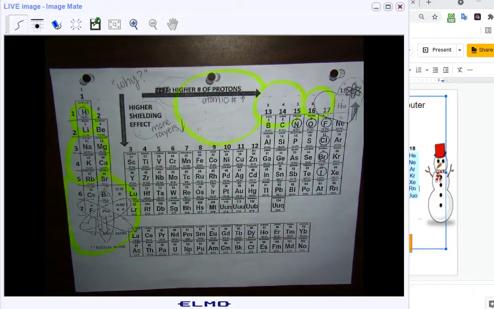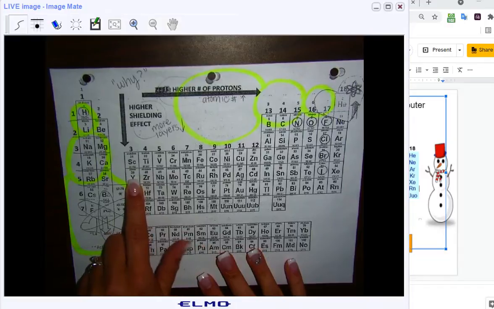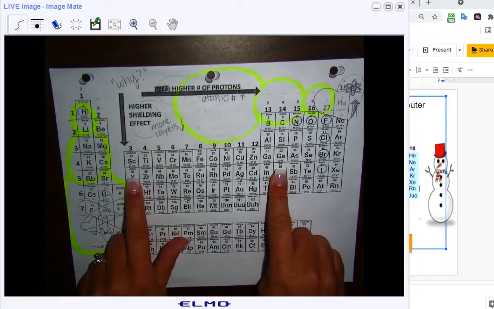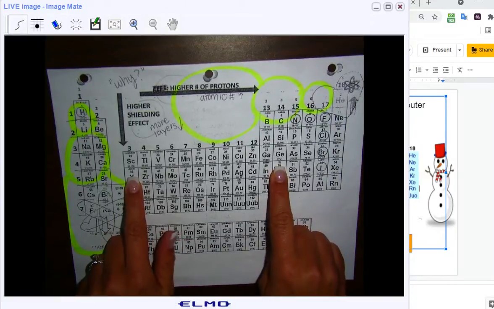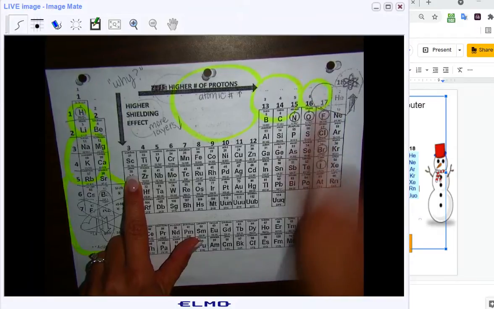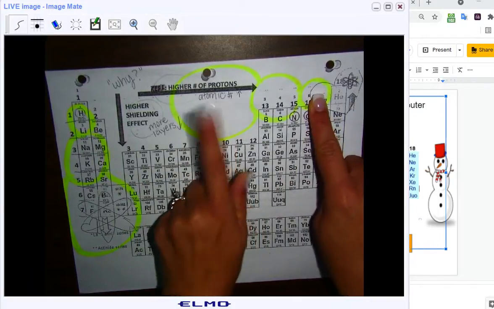The places that this will help you is if I give you two things. For example, everybody sees Y, right? There's a Y right there, and we have Sn right here. If I were to ask you who is bigger, this is what you're going to do. You say, okay, Sn is the head because he's on this side, and Y is the butt. So who's bigger, Y or Sn?